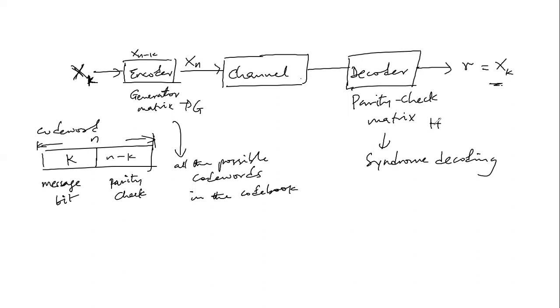Now, I'm just trying to run through a few things. Recall that to get our code word, we have the generator matrix acting on the message symbol.